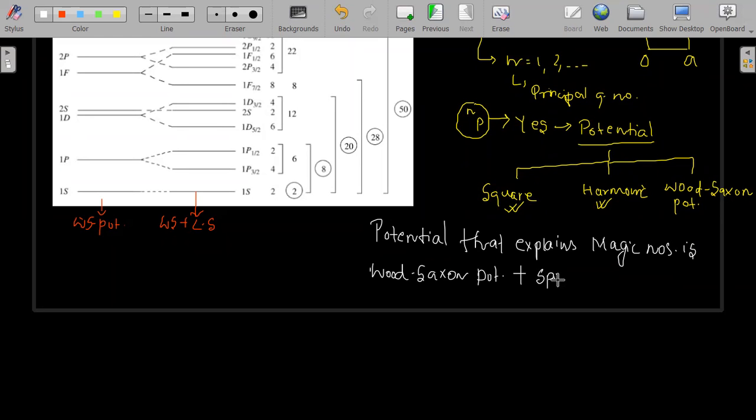We have to include the concept of spin orbit interaction with this so that the magic numbers can be explained. So this is the concept that we have now, and we are going to start with it. This is very, very important.